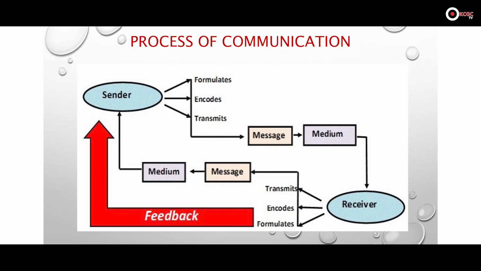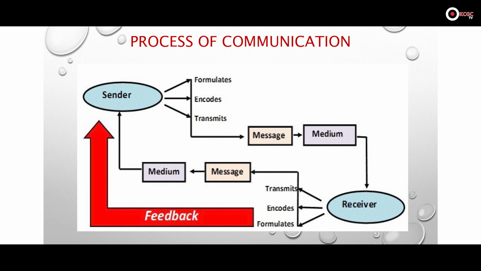Now I think encoding should be clear: encoding means when you put something into a code. That code can be language, that code can be non-verbal communication, that code can be written format also. Then is the function of transmitting the message. After the message is formulated, encoded and transmitted, the message goes to the receiver.